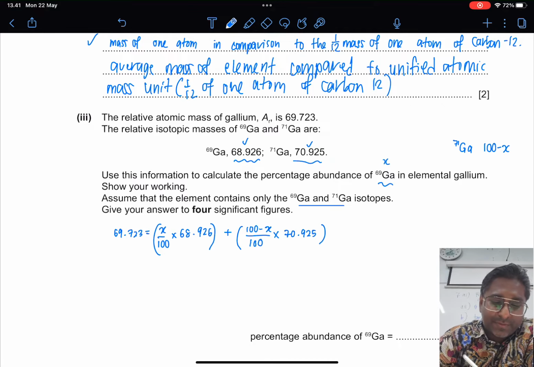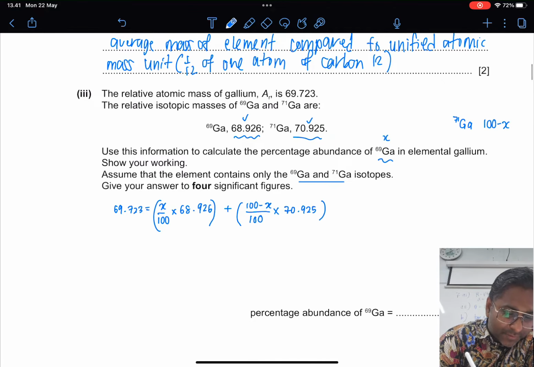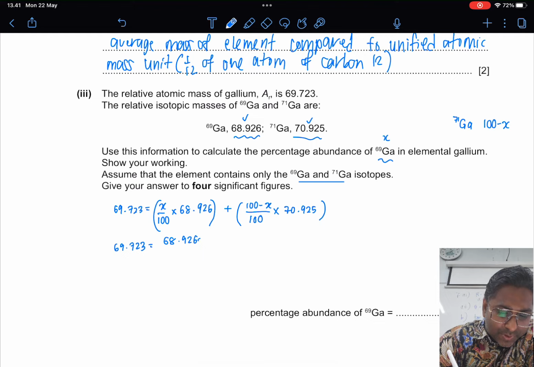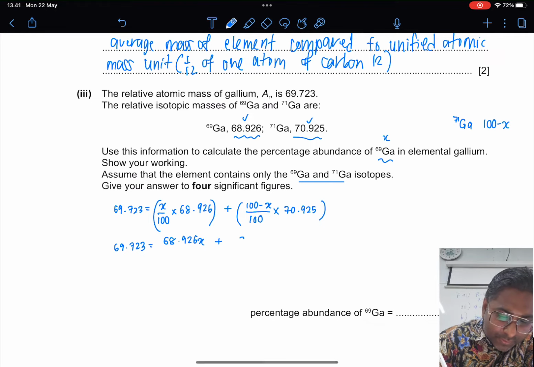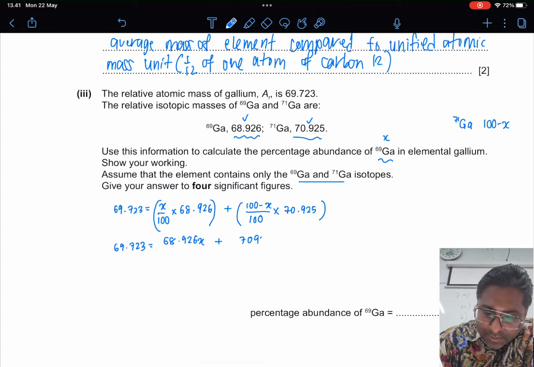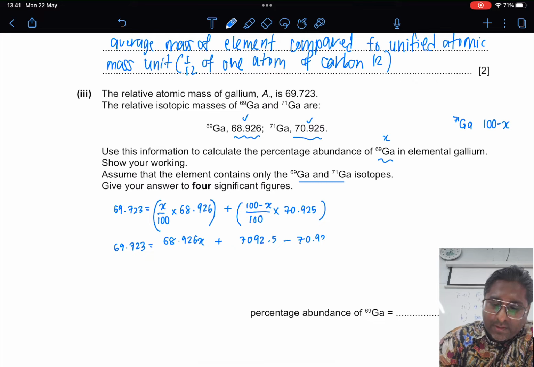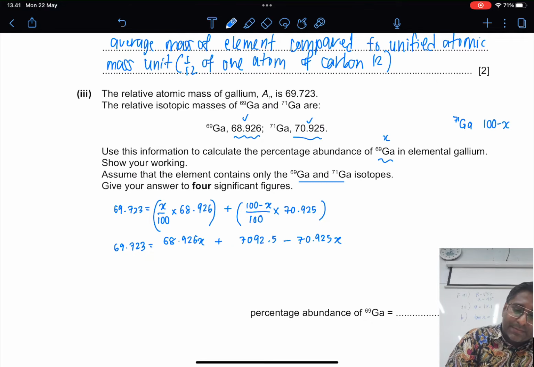Help me with this. 69.723 equals 68.926X plus 100 times 70.925, which is 7092.5, minus 70.925X, all divided by 100.